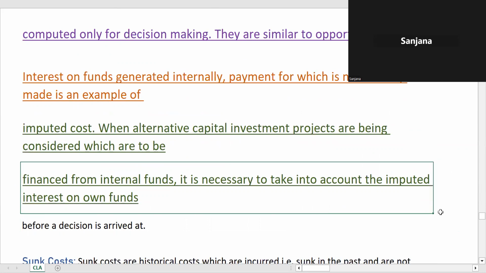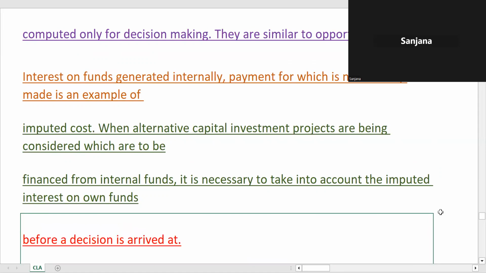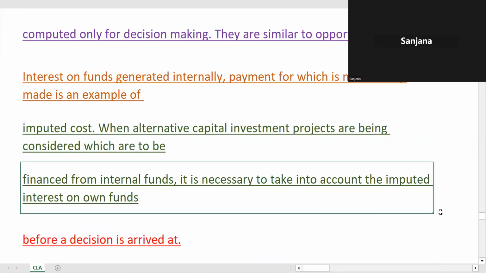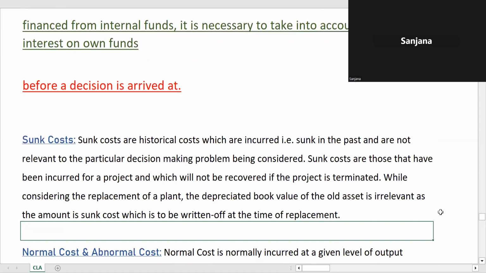In certain decisions, you will have to see imputed interest to find out which is doing a better job. It gives you some standard which you are looking at. So basically, it is a cost which you have not incurred, but you are considering it for decision making. That is your imputed cost.